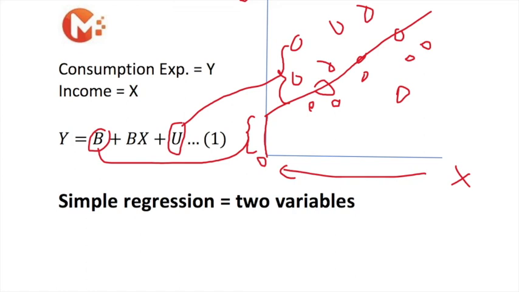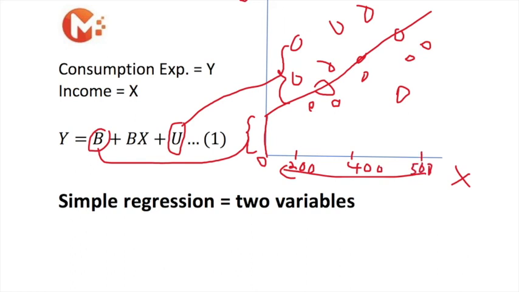You would see that as income remains fixed, you see some changes in the level of expenditure.